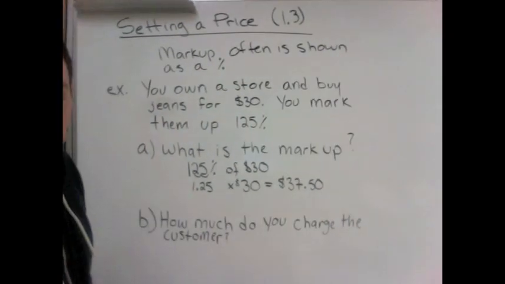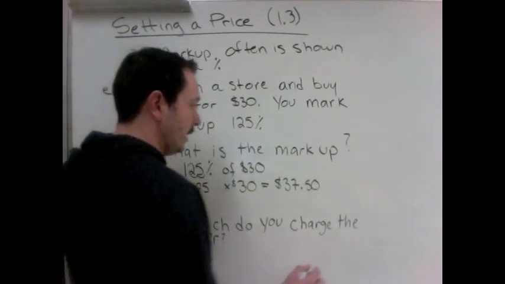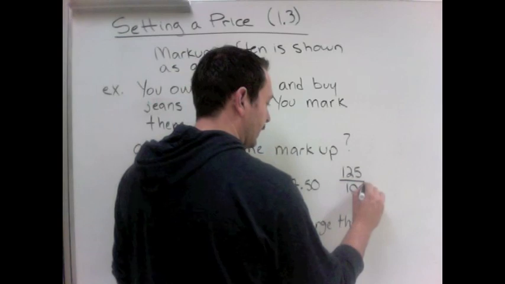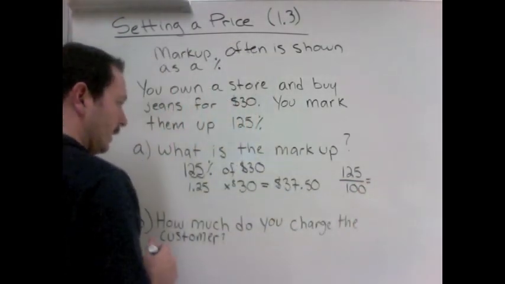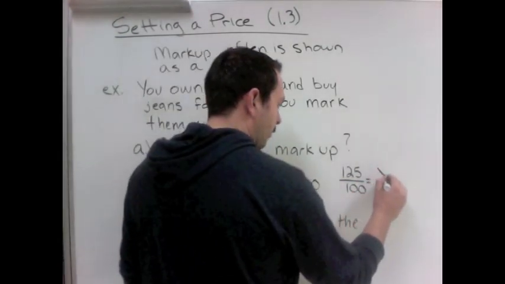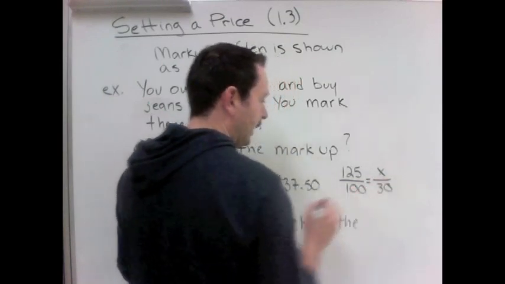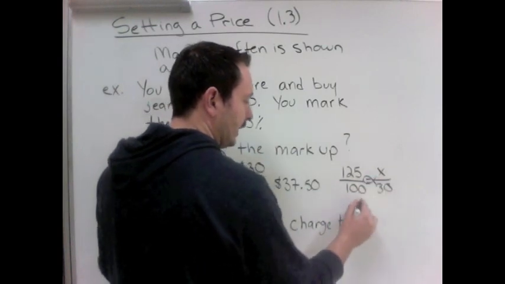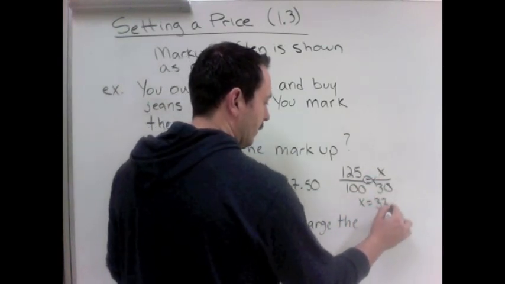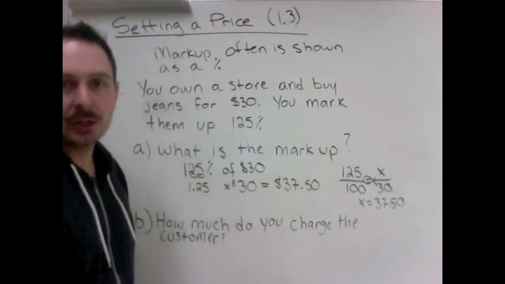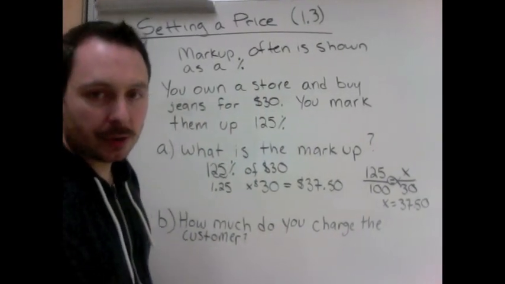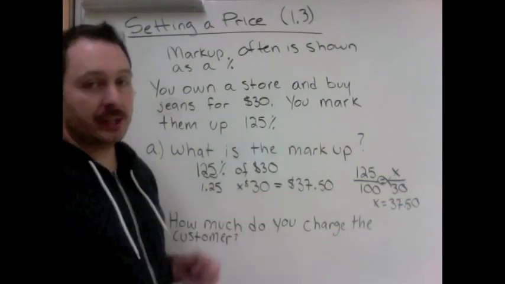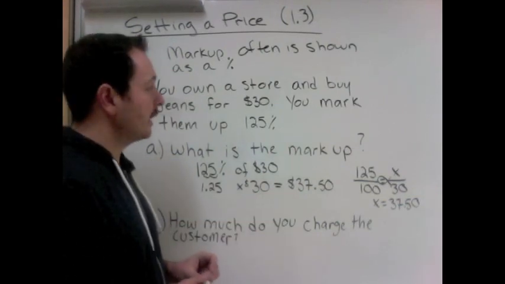The second way I showed you how to do this last day was it's 125% out of 100 equals how much out of 30. And when we use our fish technique, we get 37.50. So our markup, or the extra we're going to charge the customer to make sure we make a profit, is $37.50. That is the markup.